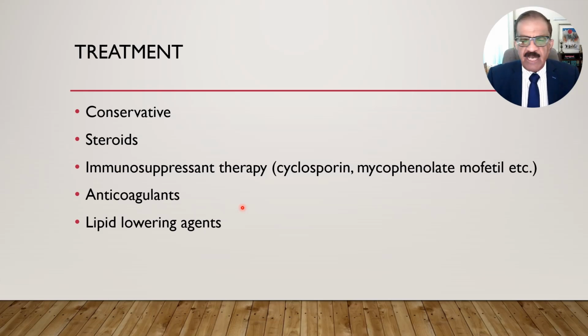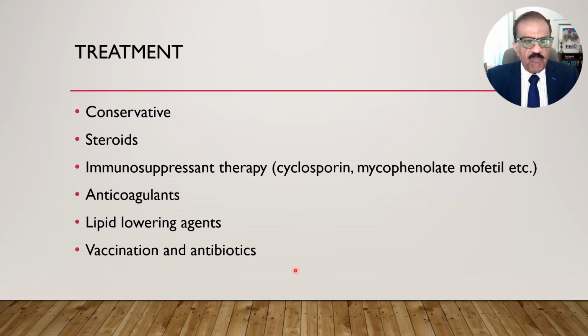Rosuvastatin is perhaps not right for patients with nephrotic syndrome, but other statins are useful, like atorvastatin 10 milligram or 20 milligram, or in patients who do not respond or are resistant to or intolerant to statin, now we have PCSK9 inhibitors also.